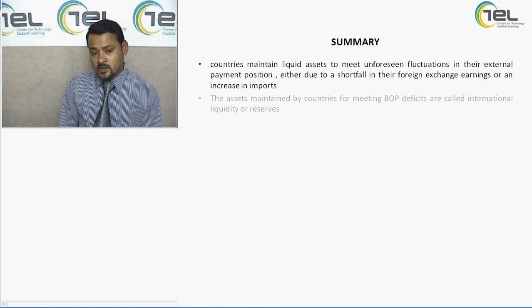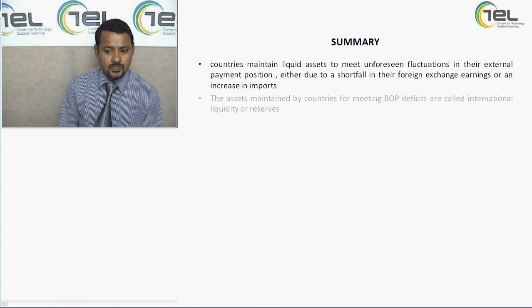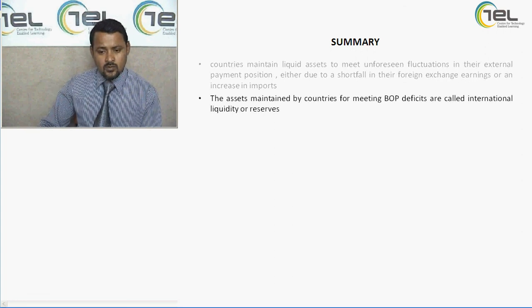As I have already told, the assets maintained by countries for meeting BOP deficits are called international liquidity or reserves. These reserves are of greater importance to an economy from a stability point of view. The reserves must be maintained for monetary adequacy, capital adequacy, and reserve adequacy measures.